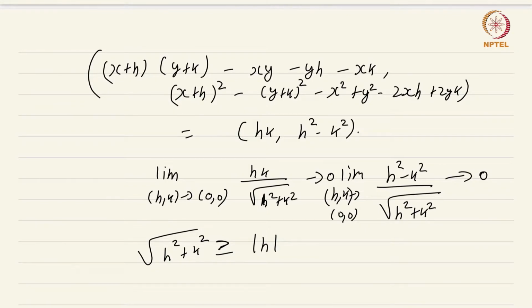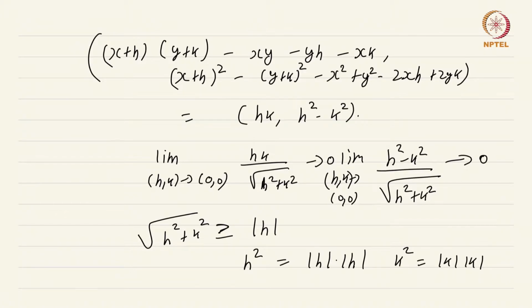And for the second term, what we do is we write h squared as mod h times mod h, and k squared as mod k times mod k. After writing this, we can estimate mod h squared minus k squared divided by square root of h squared plus k squared.